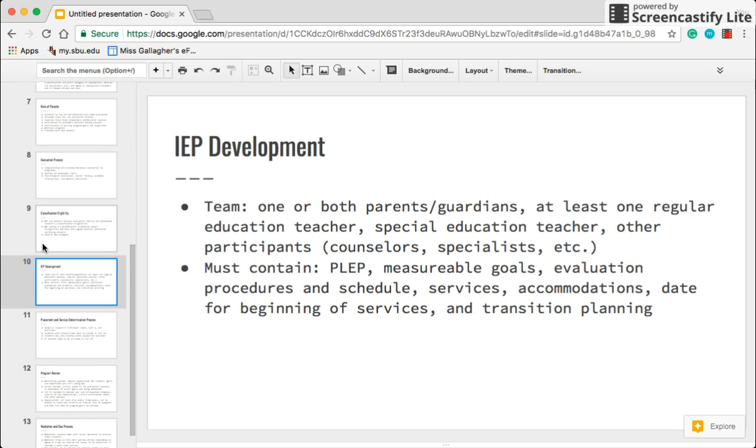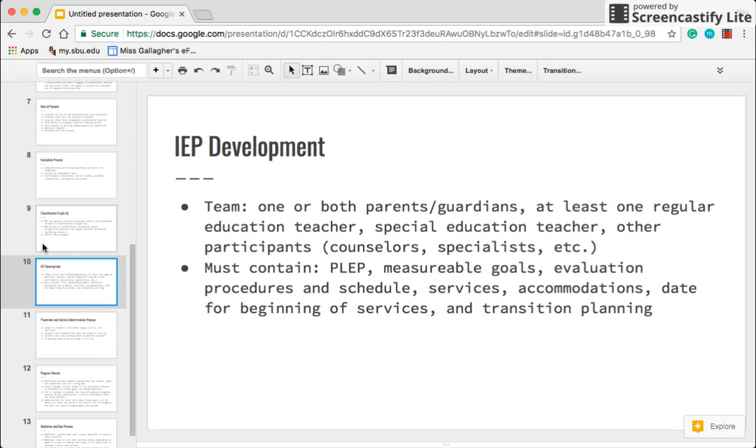The next part is the IEP development. So the IEP has a team, and that team consists of one or both parents and guardians, at least one regular education teacher, the special education teacher, and any other participants, so counselors, specialists, etc. So maybe like OT, PT, speech, they're always involved on the team as well.